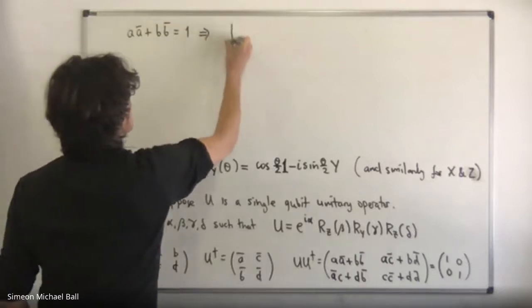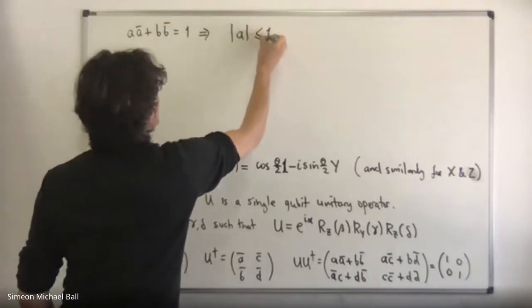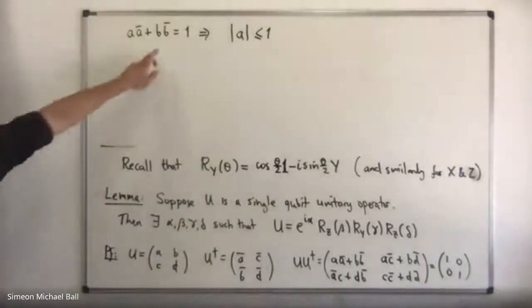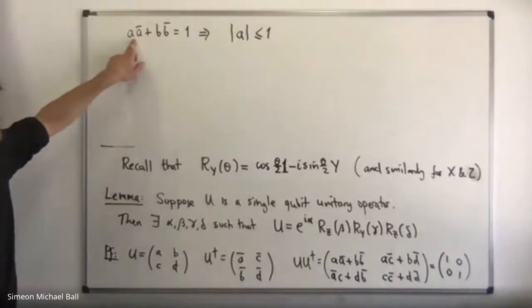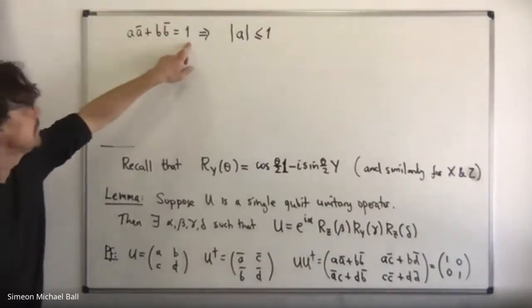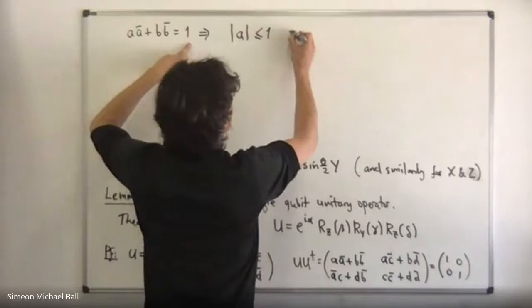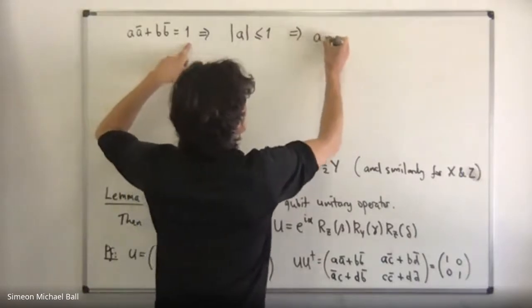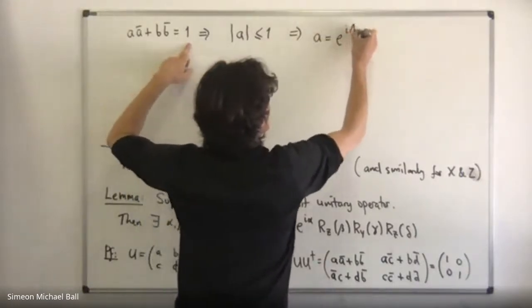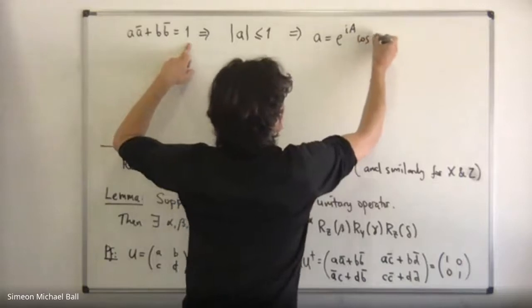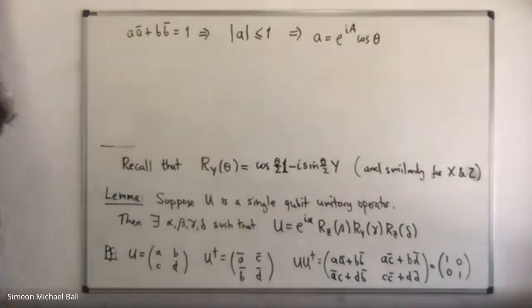Well, that implies that the modulus of A is at most 1, because this is a positive real number, and they sum to 1. So we can write A equal to e to the i capital A times cosine of some angle. I know that's a bit weird, but that's what we're going to do.